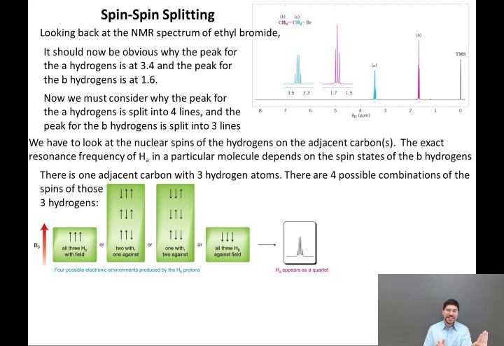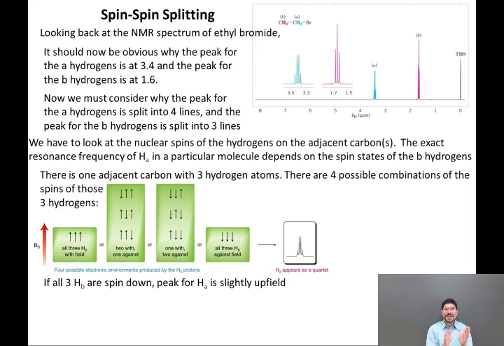They could all be spin up. You can have 2 spin up and 1 spin down, and if you look at this, there are 3 different ways that that can happen. You can have 2 spin down and 1 spin up. Again, 3 different ways that that can happen. Or all 3 of them can be spin down.